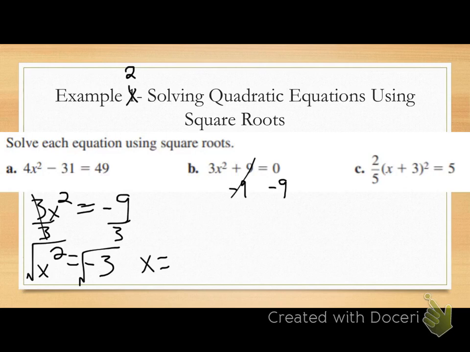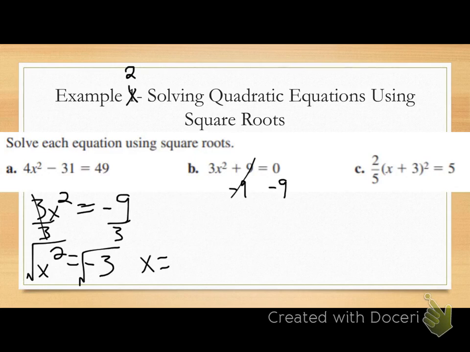Okay, let's talk about this real quick. Let's talk about what square root means. Square root means that I'm looking for a number multiplied by itself to give me that number under the radical, correct? Is there any number that when I multiply it by itself, it gives me negative 3?